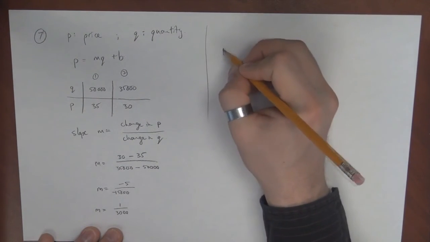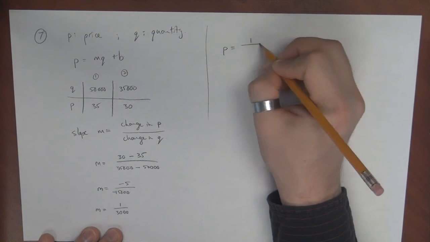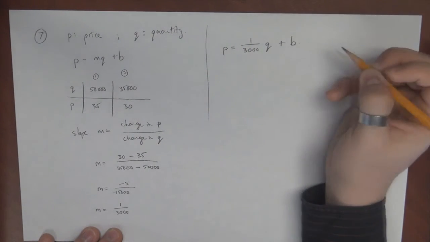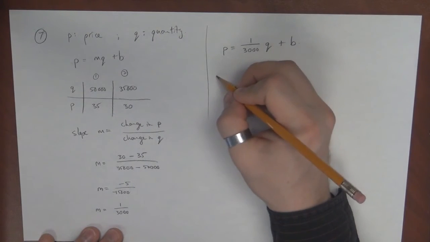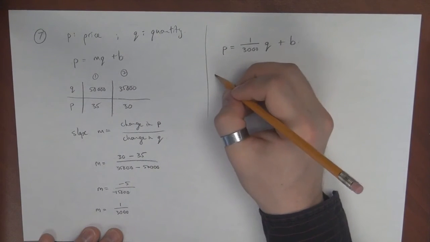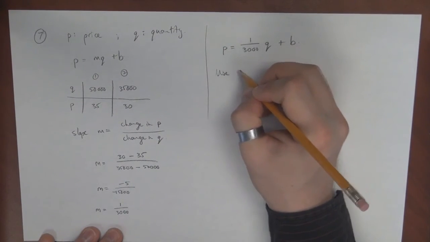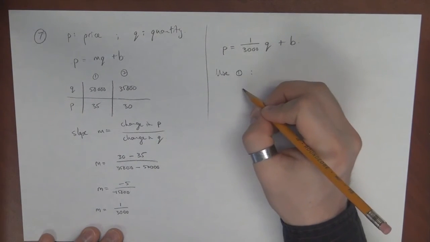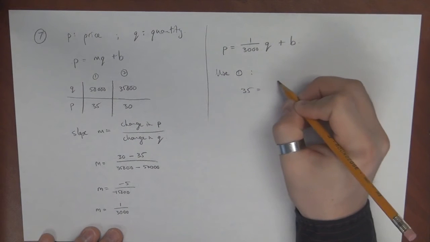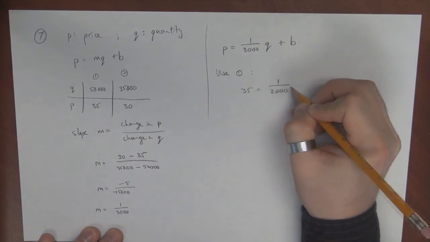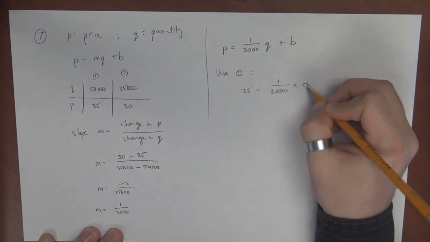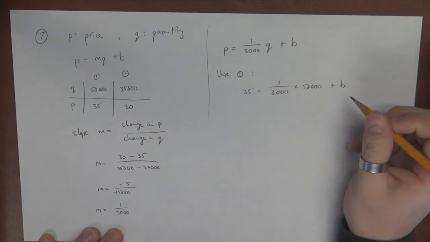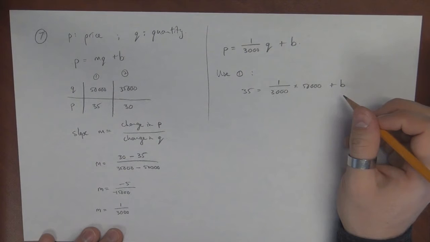So I update, so P equals 1 over 3,000 Q plus B. Then we can use, it really doesn't matter which one you want to use, whichever one looks nicer to you. Plug it in and get 35 equals 1 over 3,000 times 50,000 plus B, and that will give me the value of B.